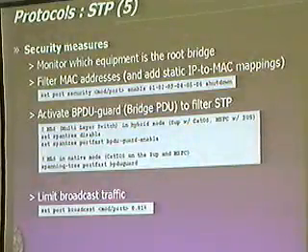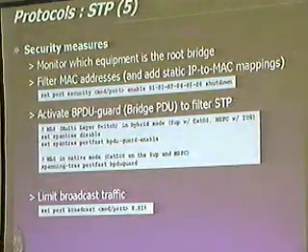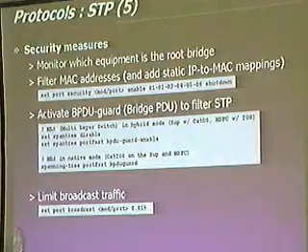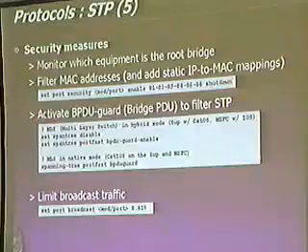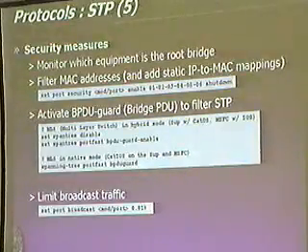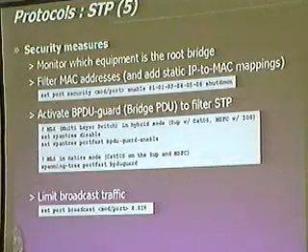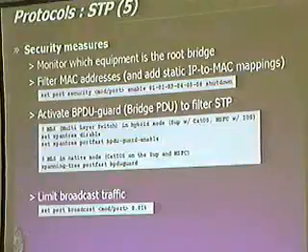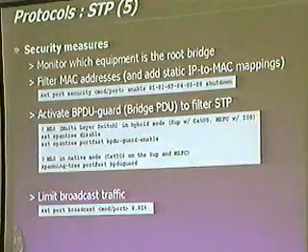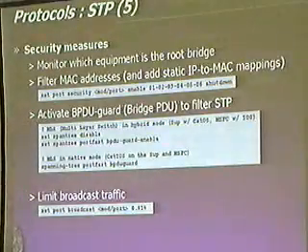Now to filter a spanning tree attack, on each port which is not connected to another switch running spanning tree, you should disable the spanning tree frame, the PDU protocol. So here you have as an example the command line for a multi-layer switch. It's pretty simple, and you can deactivate it for the whole switch or per interface.